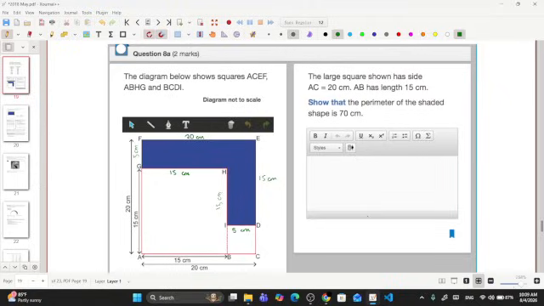So you have 20, 5, 15, 15, 15, 5. If you were to add all of them together, we get 45 plus 25, or 50 plus 25, which is 75 centimeters. Do calculate it and tell me if you're getting the same answer as well.